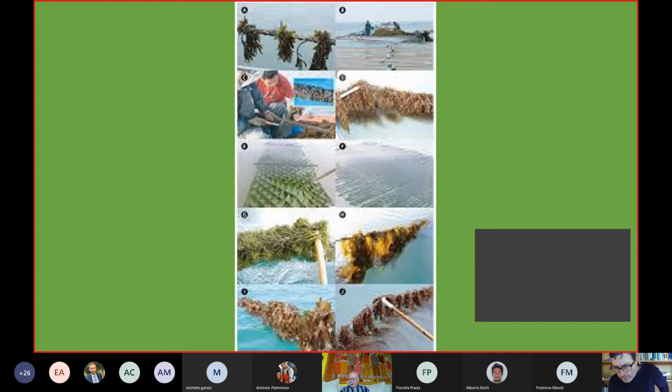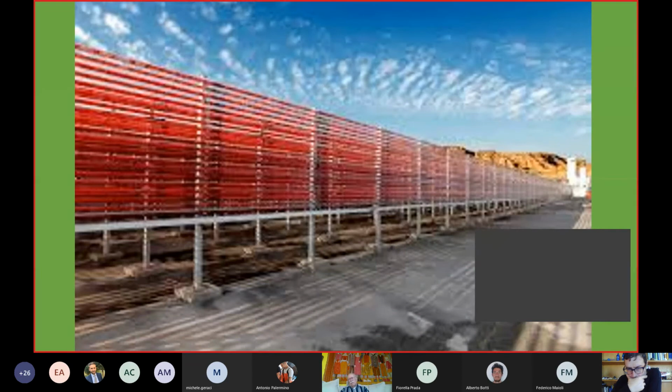So they are used to it, and they immediately moved into adapting it to modern requirements. Here you can see I'm now showing you some different culture systems. Here you see a culture system for astaxanthin in the south of Israel in tubular reactors.